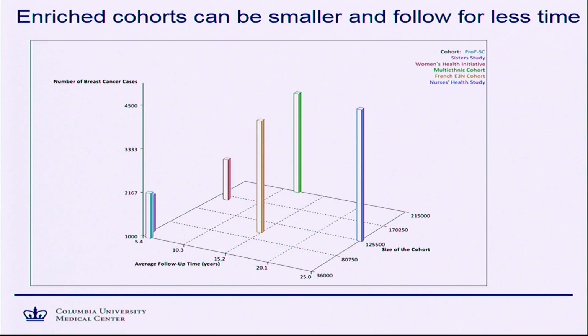One of the things you can accomplish by thinking about an enriched sample is the fewer number of people you have to follow over time to have the same precision and the same number of people with an outcome. So these kinds of family-based studies can be much more statistically efficient than some of these average risk cohorts.